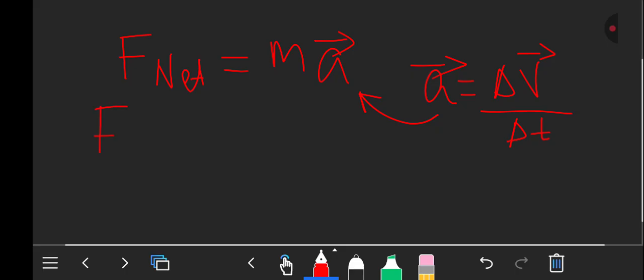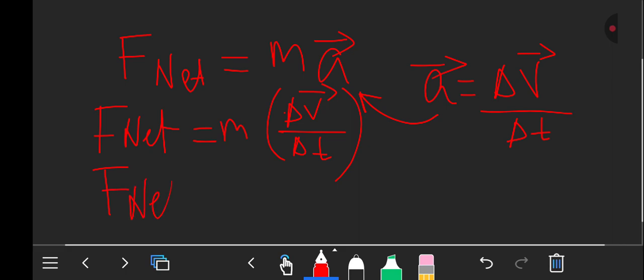So net force is equal to mass multiplied by change in velocity over change in time.